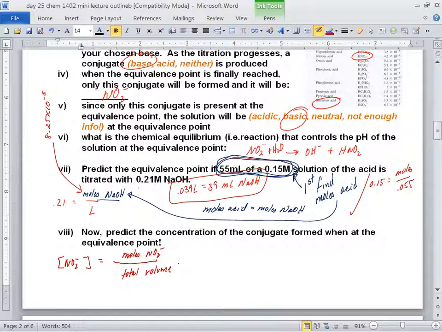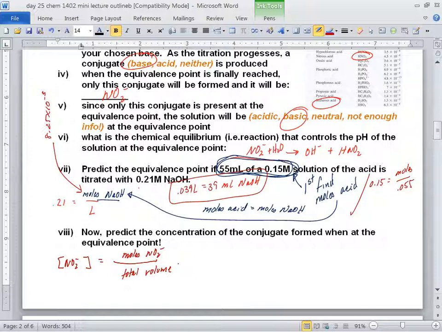Because you can't say the volume is 55 mils, right? Because you have the weak acid in here, right? The strong base is in there, and you kept adding it until, dang, right, you hit exactly 39, then you stopped. So the volume down here is no longer 55.